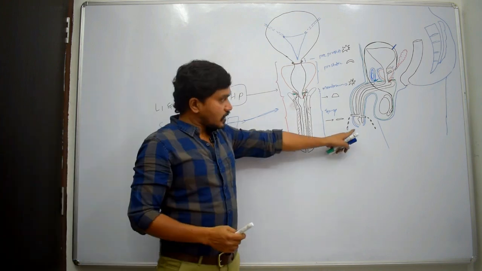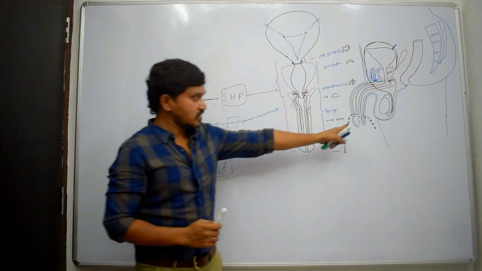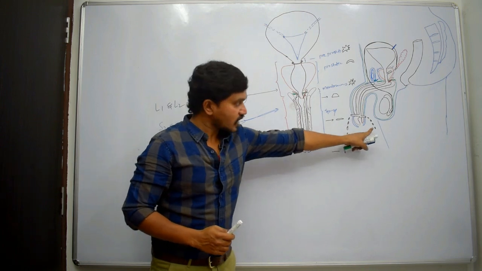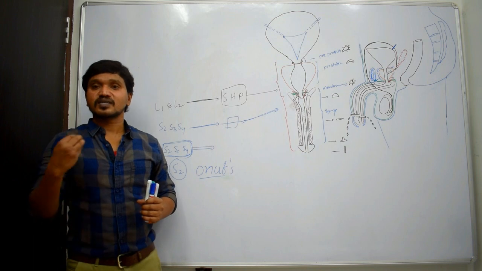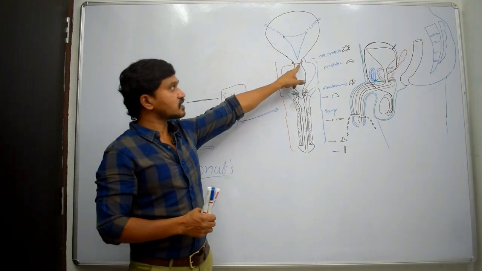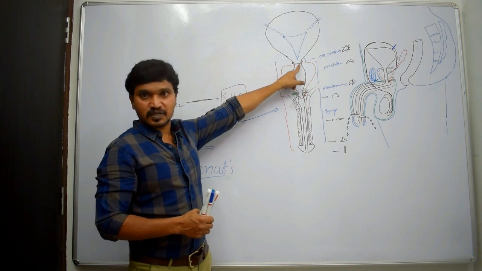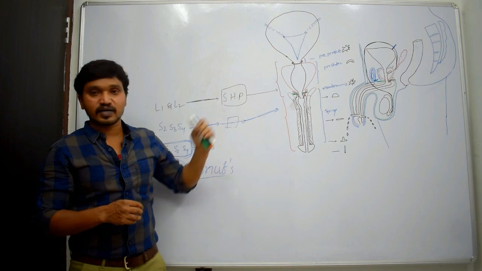So this is about epispadias and hypospadias, right? Actually this is normal. This is hypospadias and this is epispadias. Then during transurethral resection of the prostate gland, there will be a chance of rupturing the internal urethral sphincter, which leads to retrograde ejaculation, right? That we have already discussed.